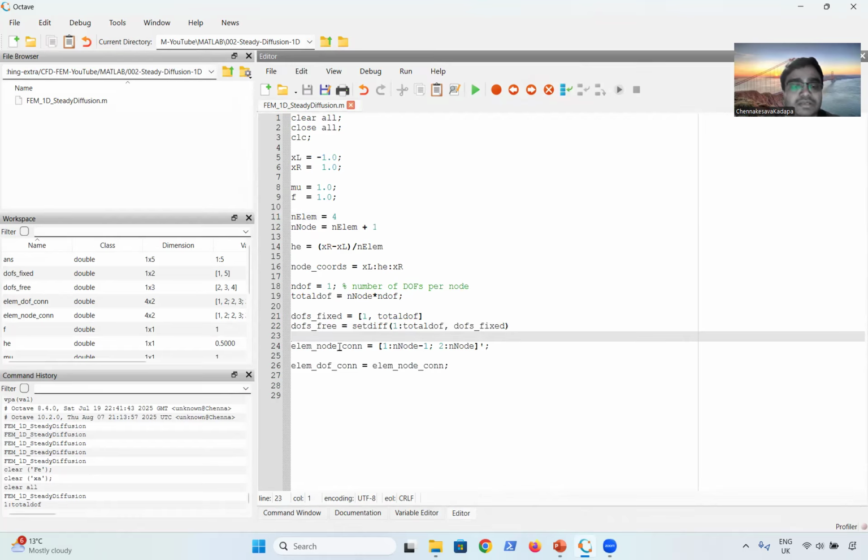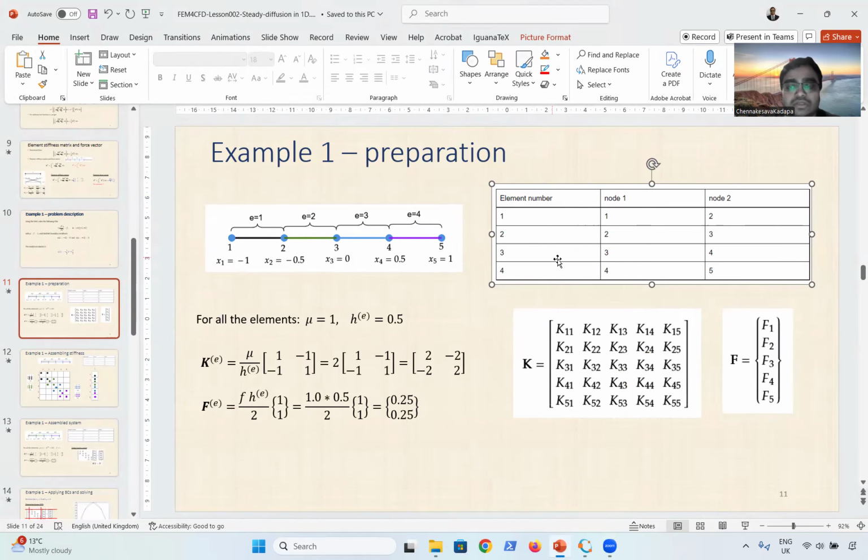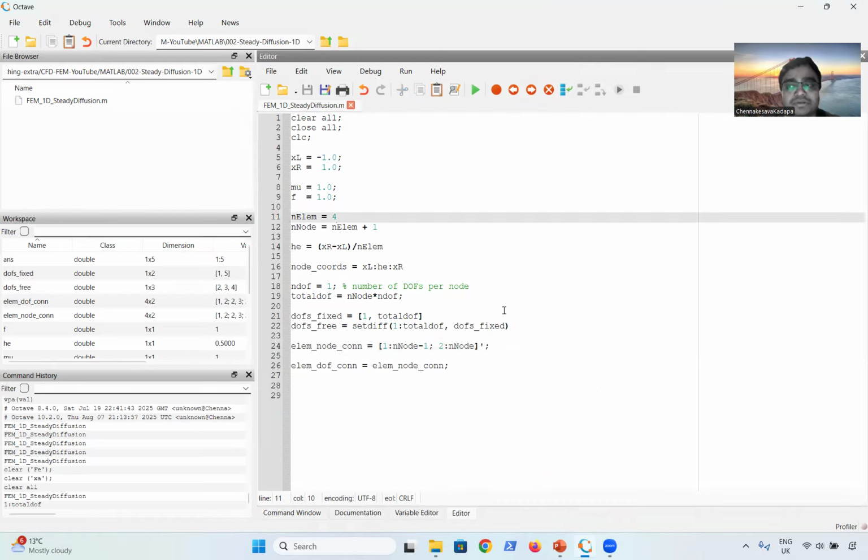And this is the element node connectivity array, this table. Again, I am creating it in this fashion so that it generalizes to an arbitrary number of elements. If you change the number of elements, these arrays are populated automatically.